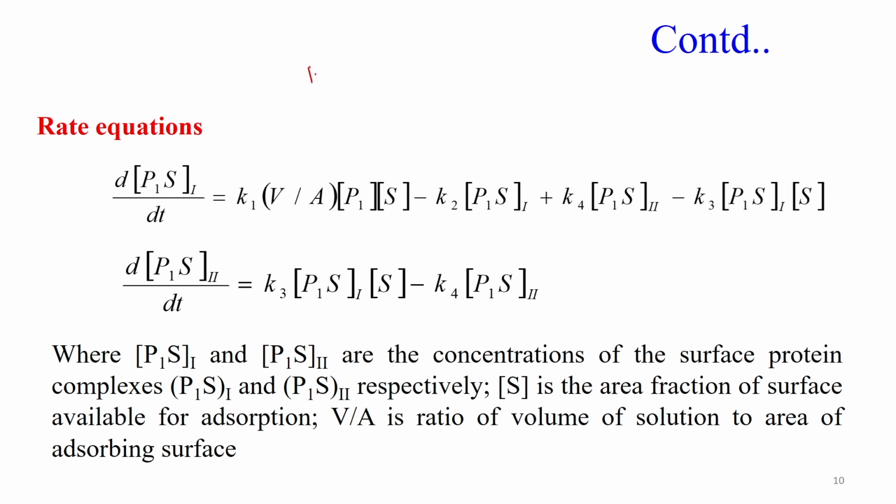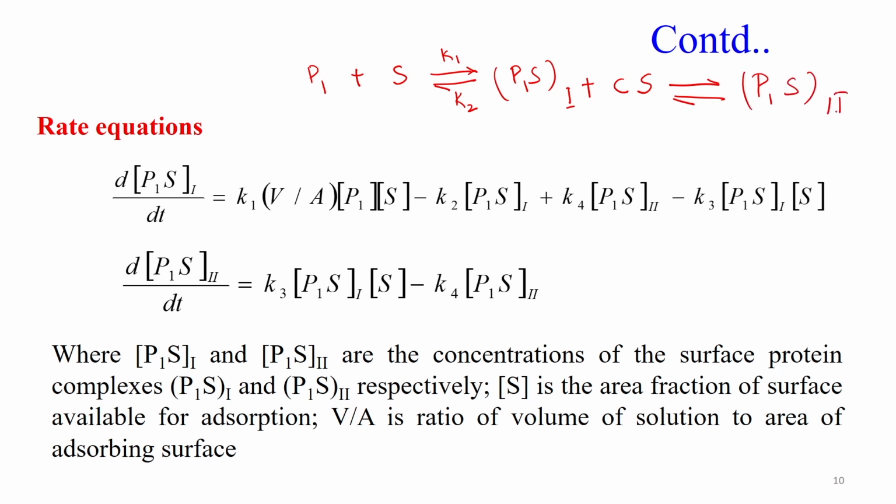So, the rate equation will be P1 plus S to P1S1 with K1 and K2, it is taking some extra surface, it is going to the P1. So, dP1S upon dt is equal to K1 into P into S minus K2 P1S1, and P1S1 will come from here, this is K3 and K4. So, K4 P1S2 minus K3 P1S1 into S.